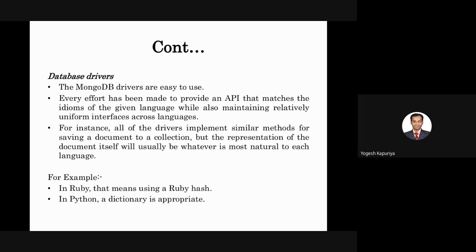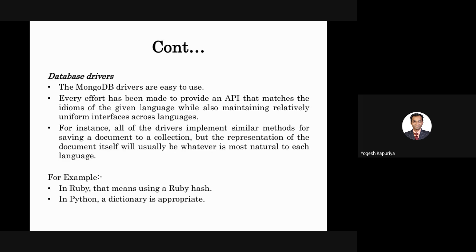Another interesting property of Mongo is that, remember, everything in Mongo is a document. Document means key value, that means an object. The driver takes care of this. It ensures that the MongoDB document gets converted to the equivalent feature of that language. For example, if you create a dictionary in Python, you can insert the entire dictionary as a document in MongoDB.